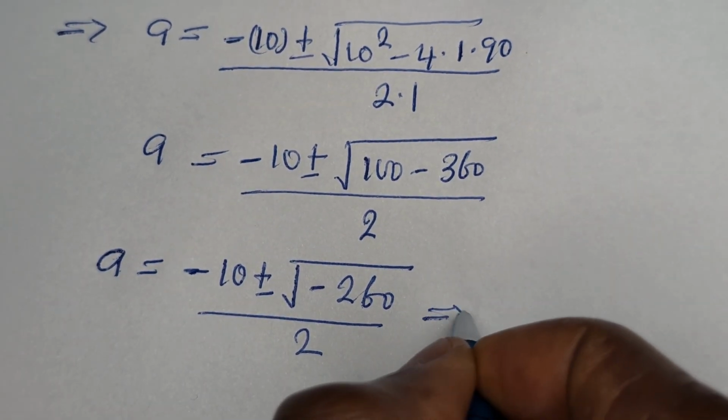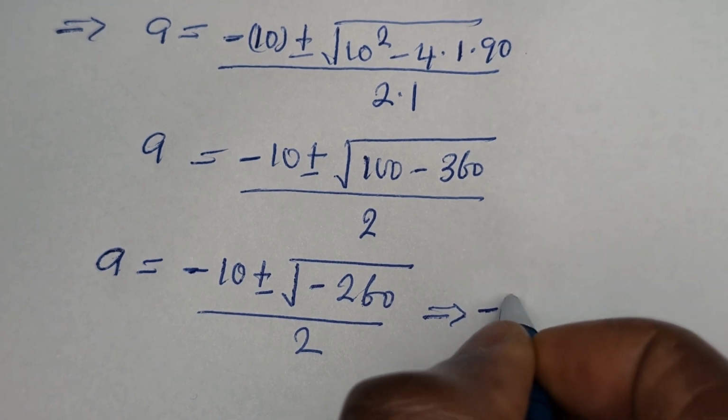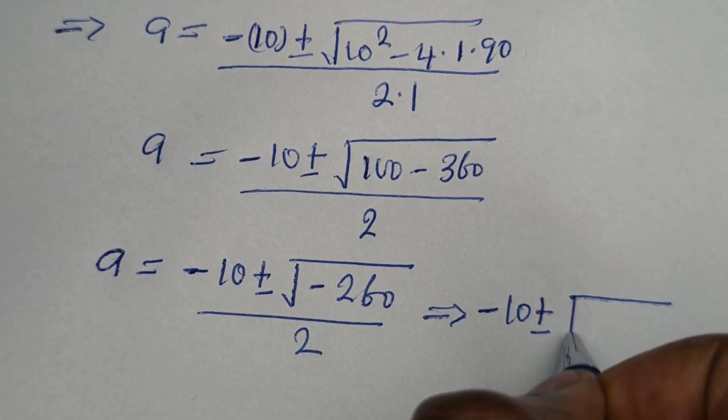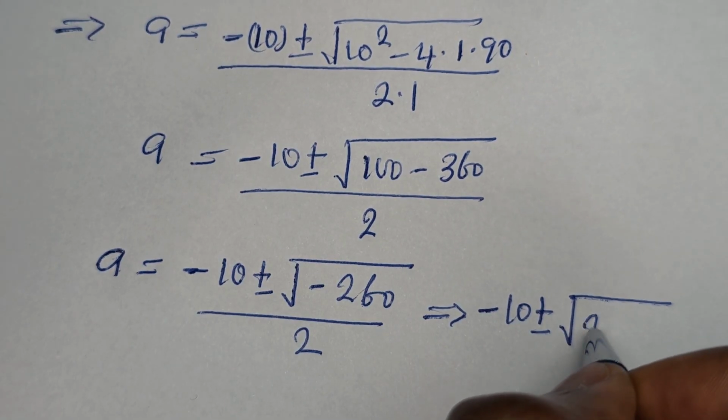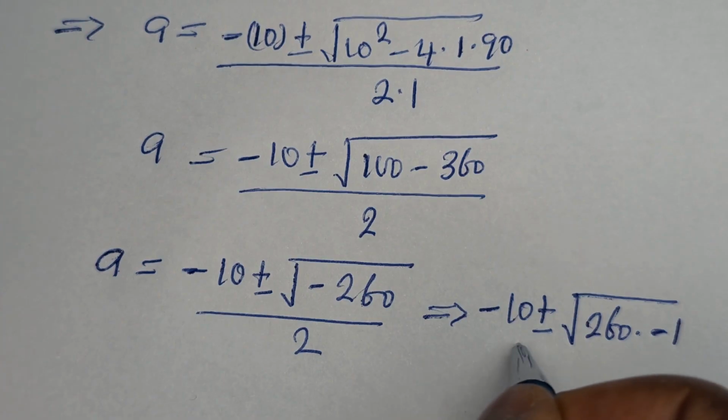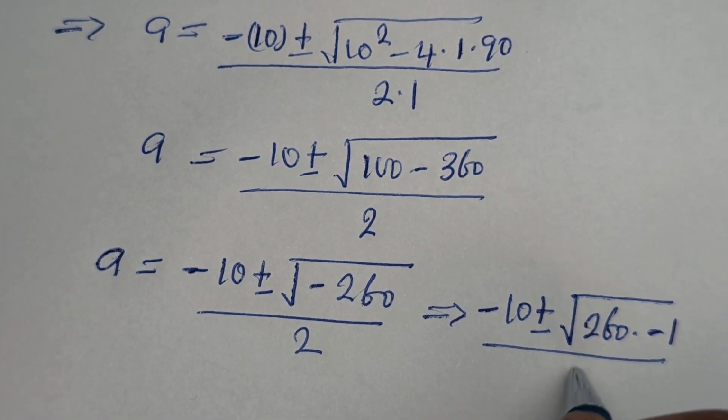And this is the same thing as minus 10 plus or minus square root of 260 multiplied by minus 1, everything divided by 2.